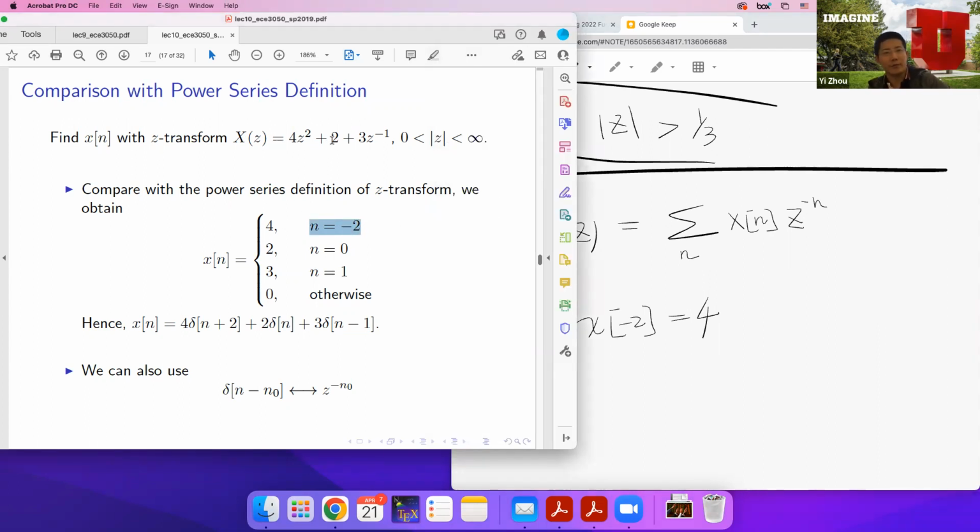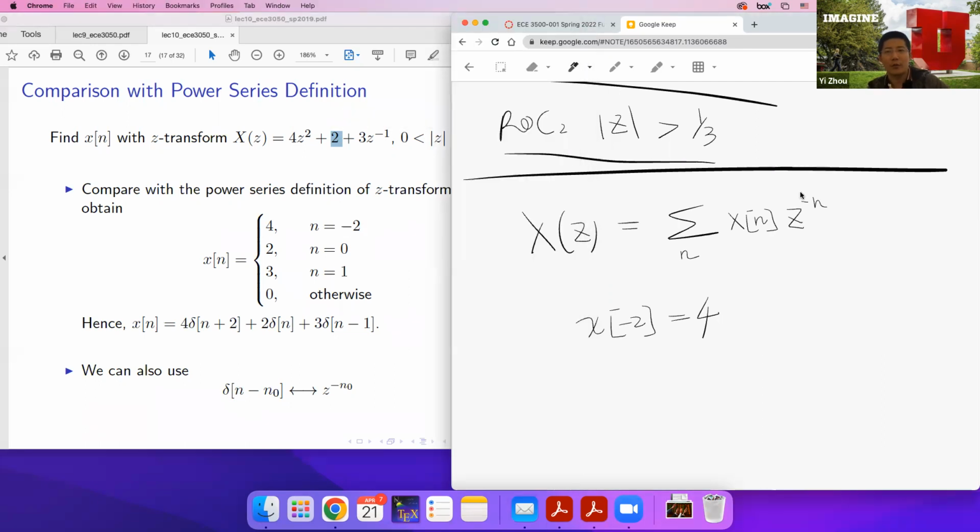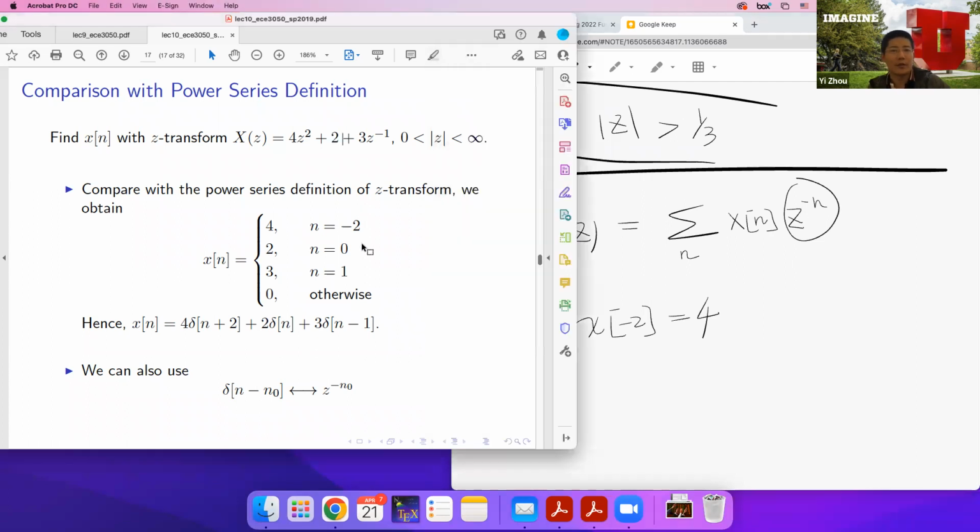And then for each of these terms, following the same logic, we can infer that here, this corresponds to when n equals 0, so that we don't have this Z term. And the corresponding coefficient is 2. And this one corresponds to when n equals 1.